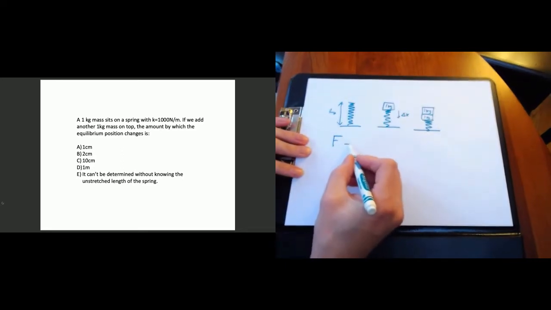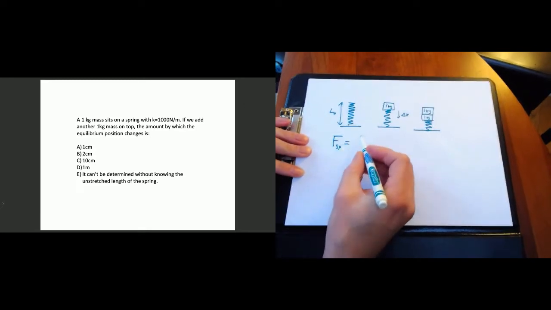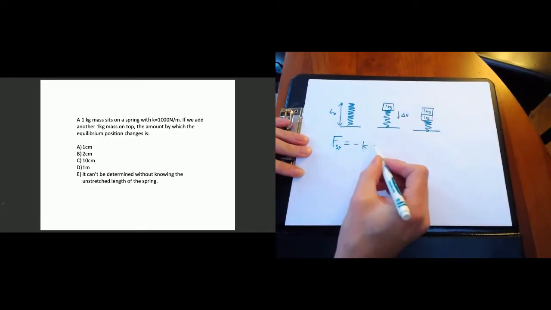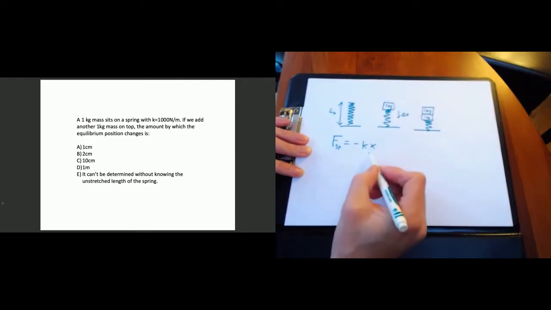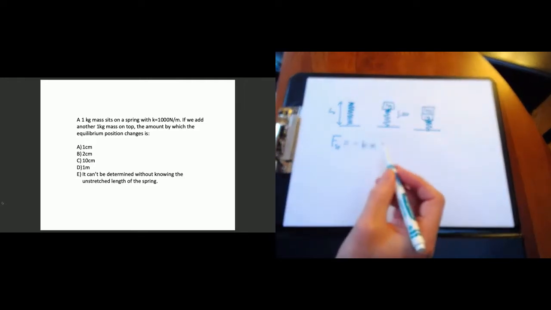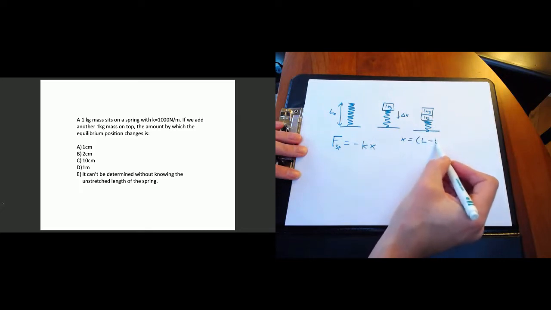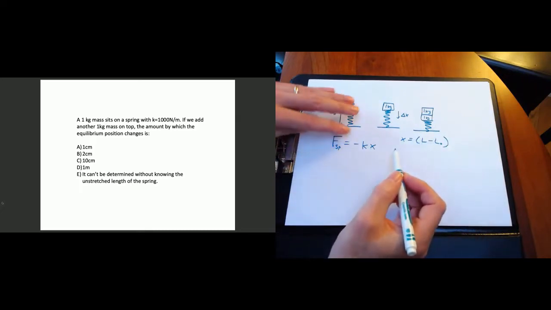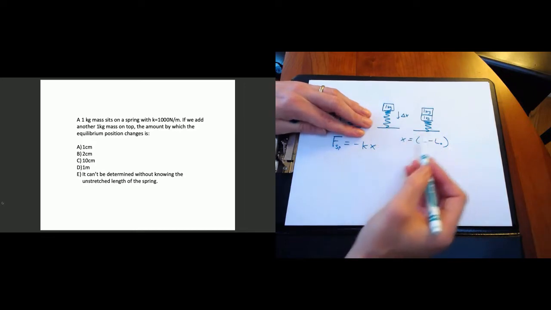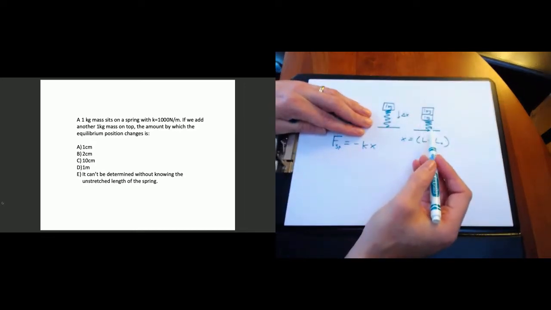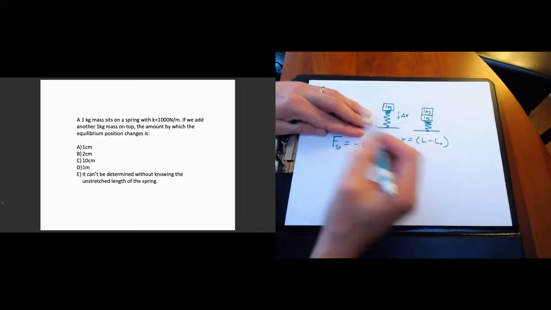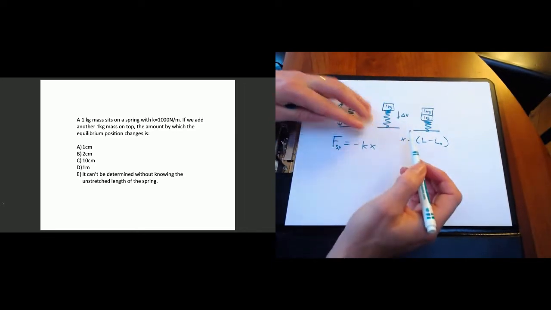So when we have this formula, F spring equals minus k times x, in this case, when we're talking about a spring, the x is really equal to the length minus the unstretched length. Okay, and so in this problem, it's a little bit tricky maybe at first, because we don't really know what the unstretched length is.